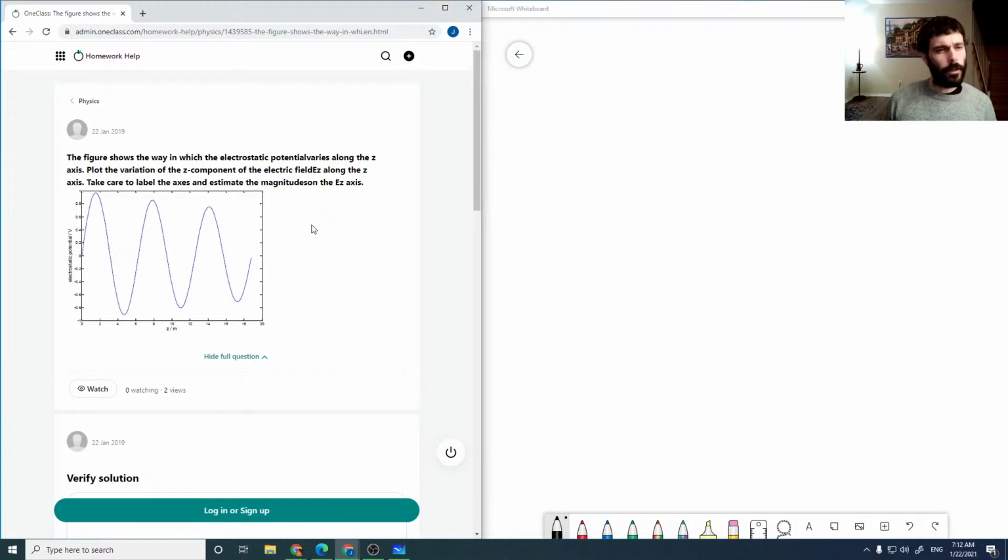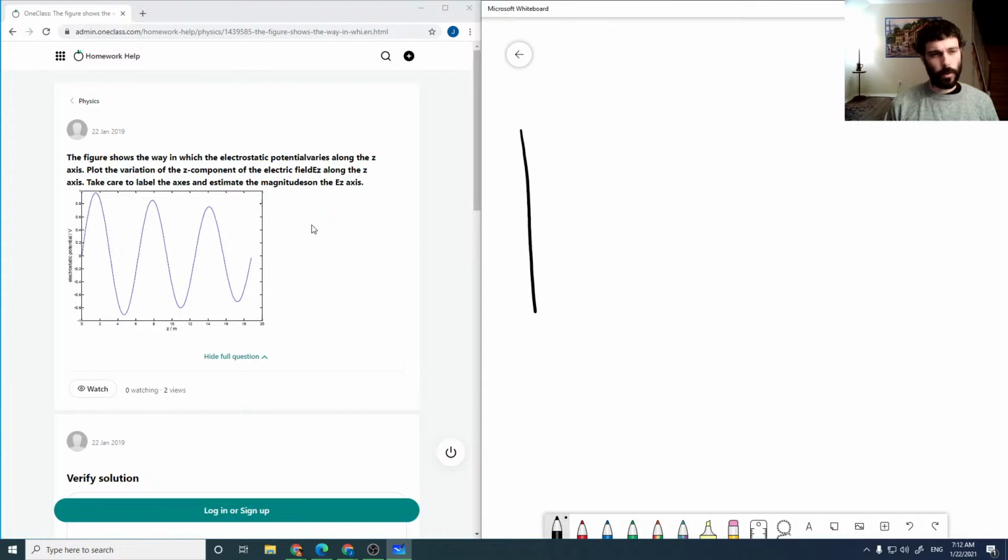So in the figure here, we're given a plot of electrostatic potential along the z-axis, and we want to plot or sketch out the E field. So I'm not going to be able to do this perfectly without some kind of graphing software, but I'll do my best.